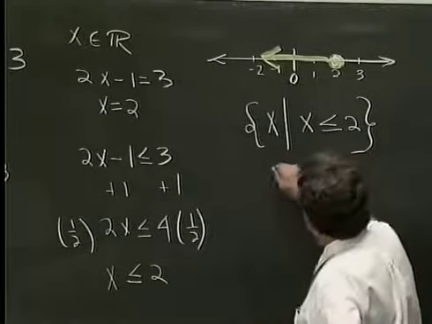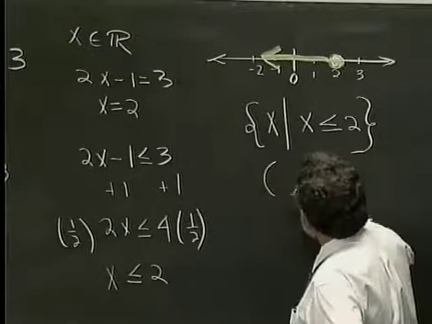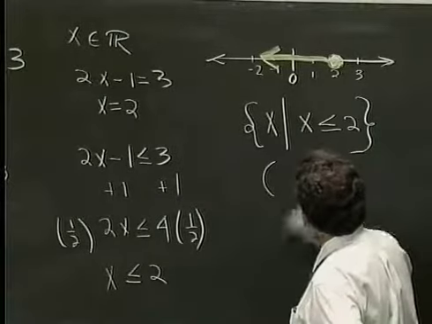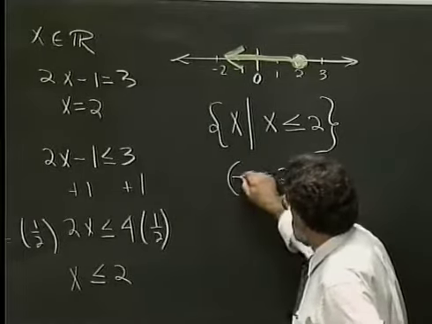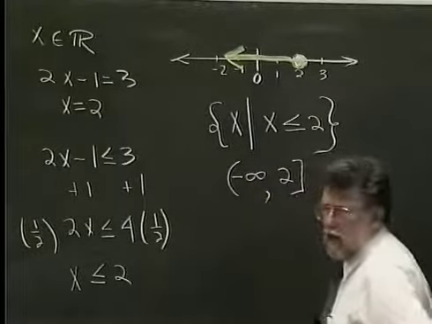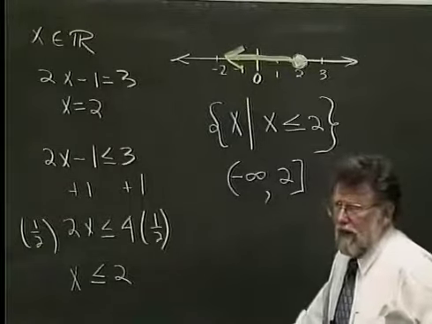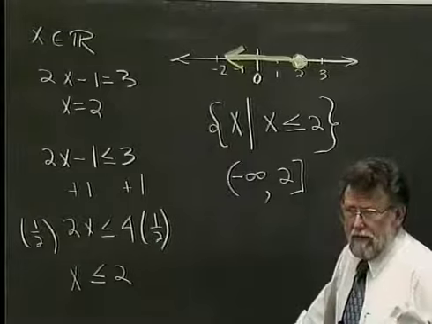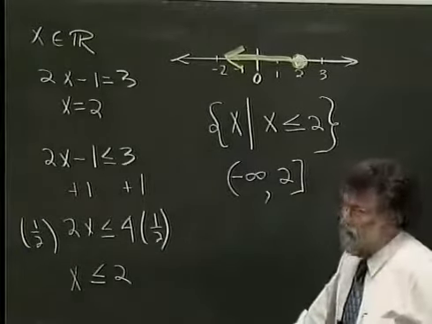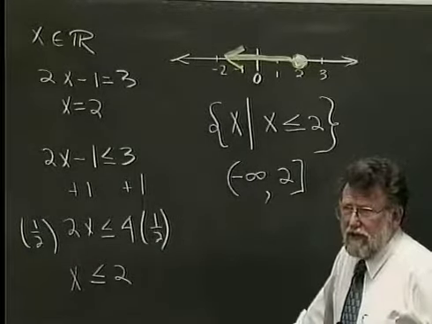Or I can use parentheses, with a bracket on the right, indicating I'm going to include the 2 here, and put minus infinity over here, which means we are going from 2, including 2, and going to the left forever. Those are all valid representations of a solution.